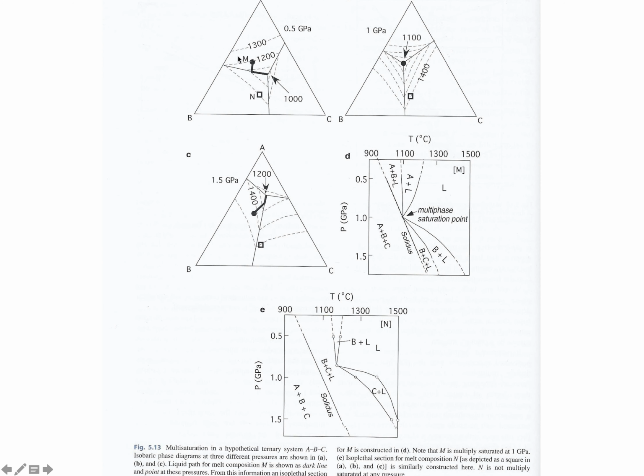Here we have the melt path at a certain temperature and pressure, and here we are cooling it down along this path, and here we have this pressure-temperature diagram. Here we have phase A plus B and liquid, A plus liquid, and here we have only liquid. And here we have the solidus curve with the three phases A plus B plus C. That is always at these points.